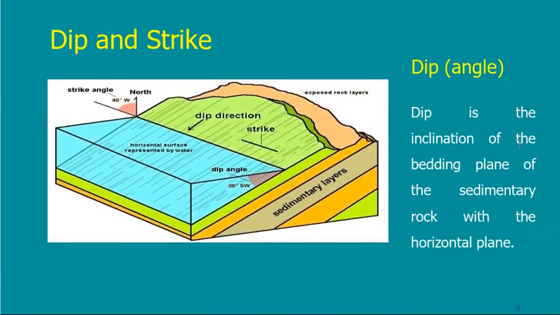Now we go into two definitions, very important definitions for geology. Because now we know that we have layers of rock, and these layers of rock may be horizontal, or may be inclined in any direction.